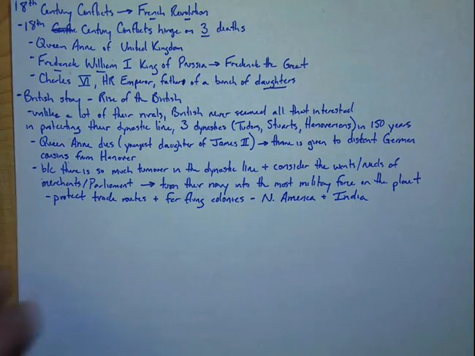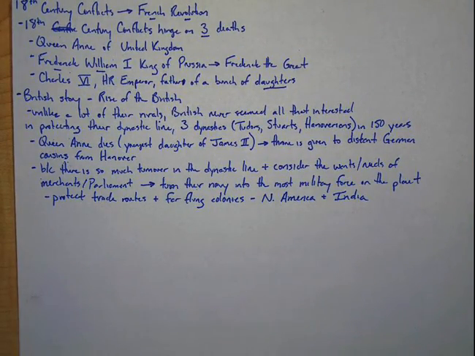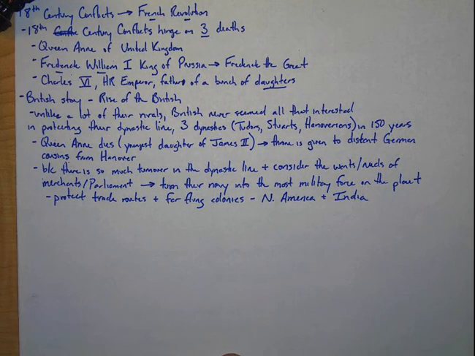So they start funneling all of this money into their navy instead of maybe funneling it into protecting their dynastic line through war, like we might see in France or Prussia or Russia. So what the British are doing is focusing all of their attention on their navy to protect their colonies and their trade routes.